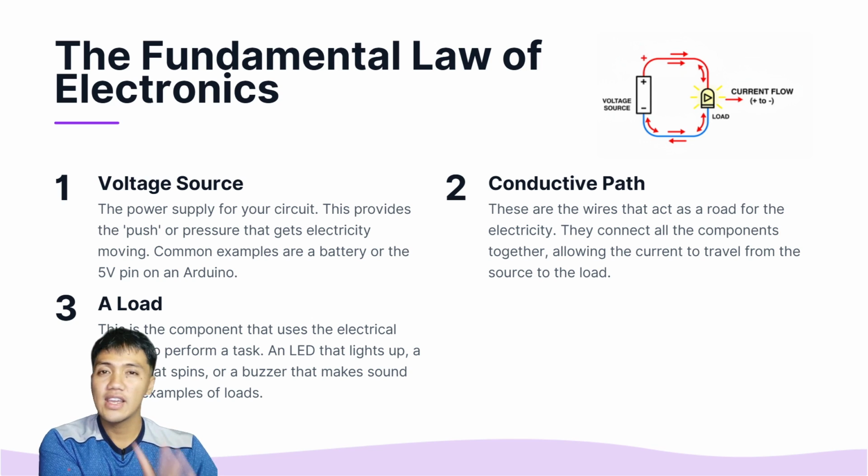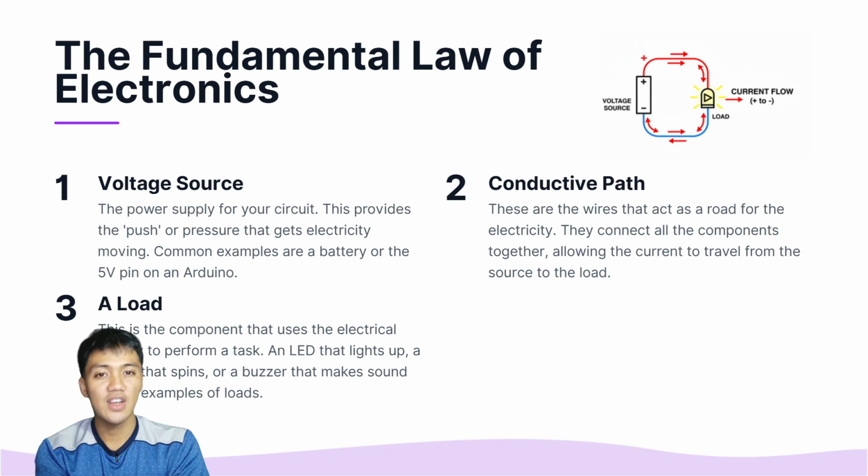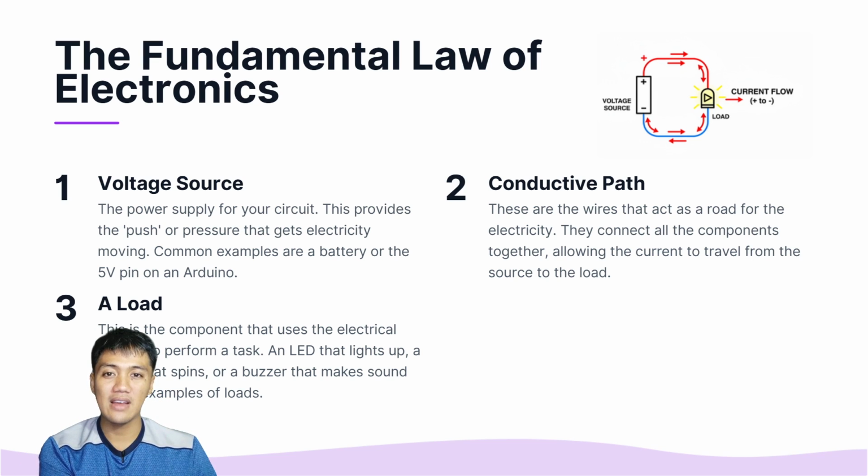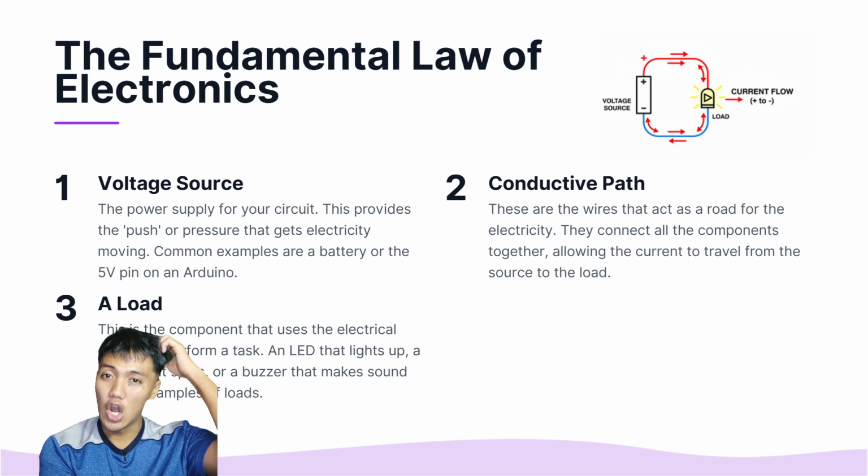Meanwhile, the load refers to any component that uses that voltage. It could be your LED, it could be your resistor, it could be your motor driver, and all sorts of stuff. That is your load. Okay, so you have your voltage source, you have your conductive path, you have then your load.